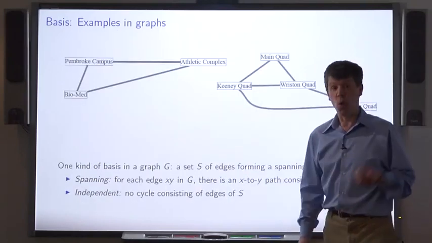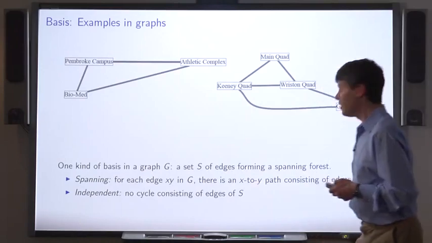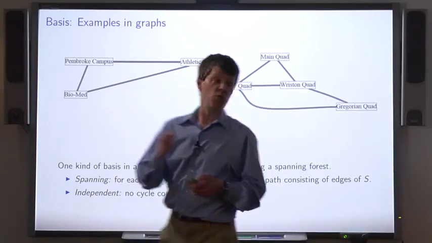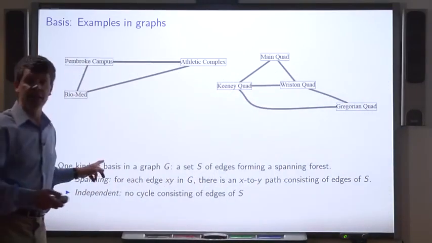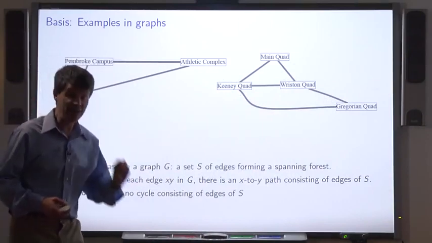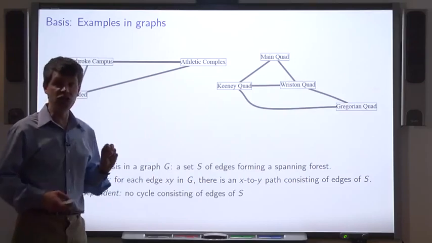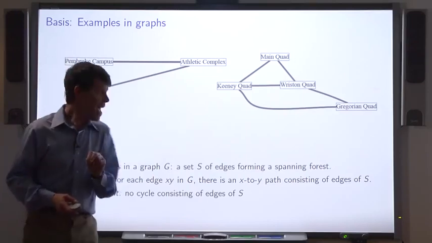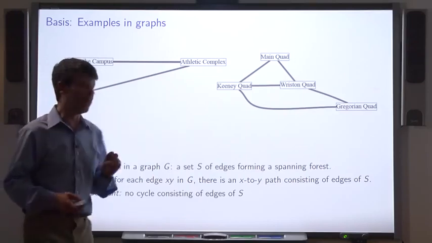Now, in graphs, one kind of basis is a set of edges forming a spanning forest. The fact that it's spanning follows from the fact that for every edge xy in G, there's an x to y path consisting of edges in the set.